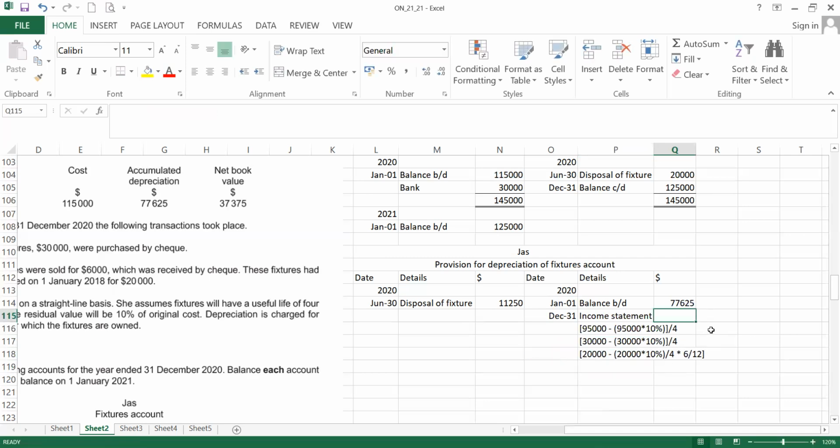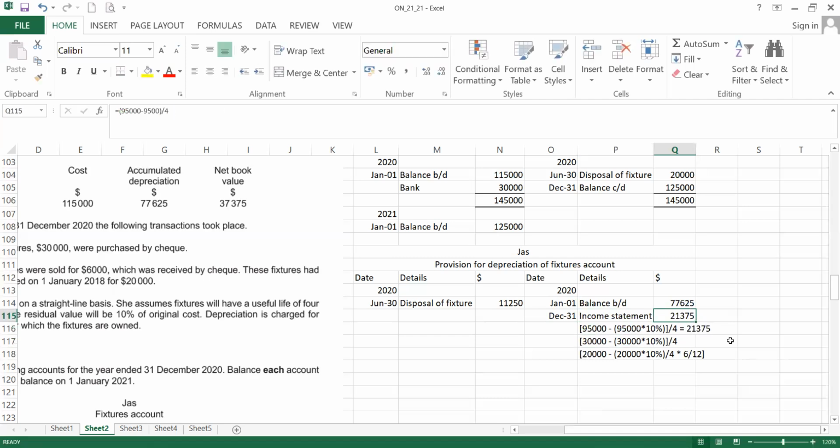So now we calculate the total amount. Here 95,000 minus 9,500, divide by 4. So we get this amount, let me put in first, 21,375.